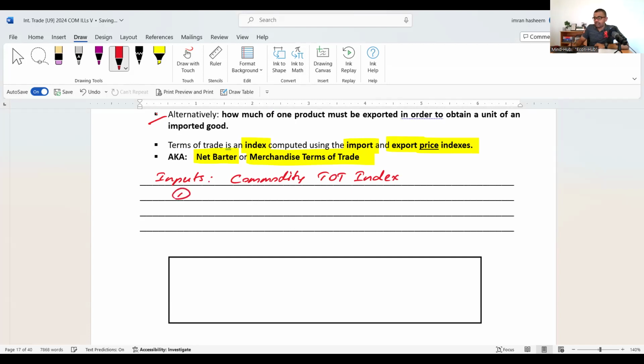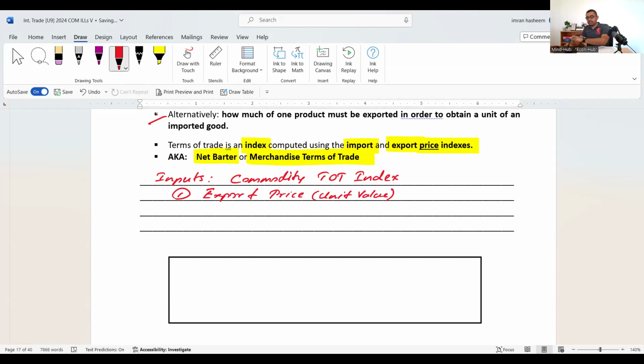Number one, now I'm going to write this very clearly so that you don't get confused. You need to concentrate and get it done. Number one, we need the export price, sometimes called the export unit value.